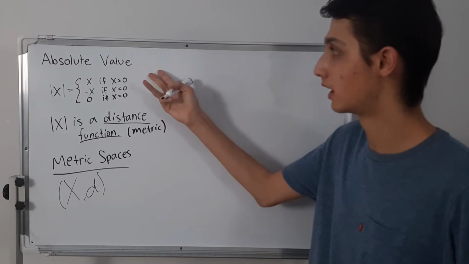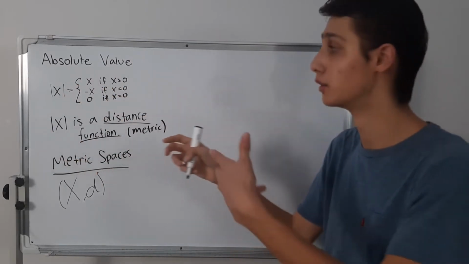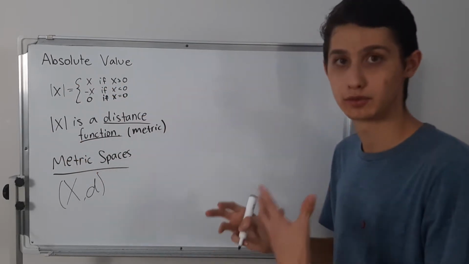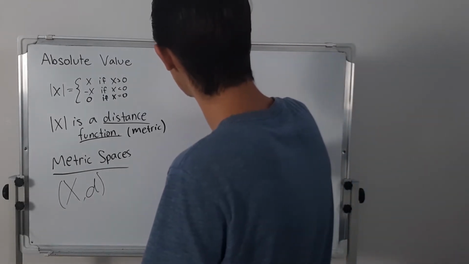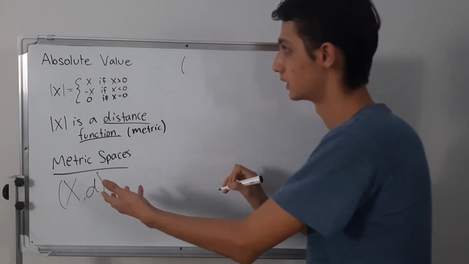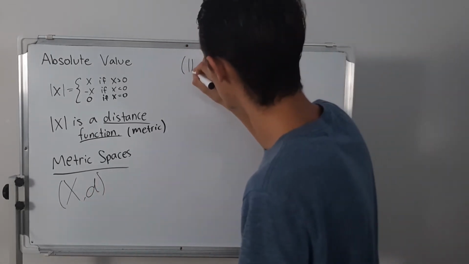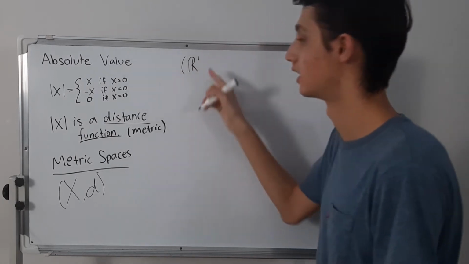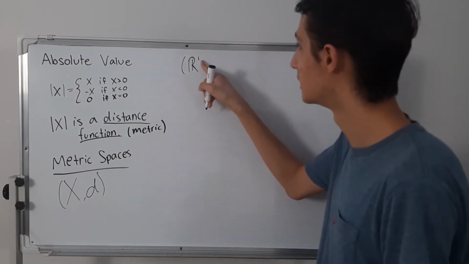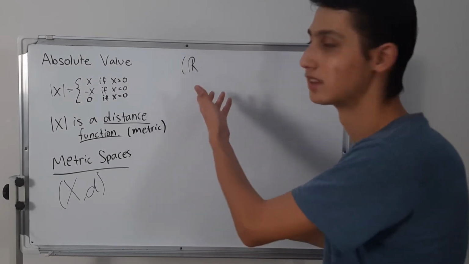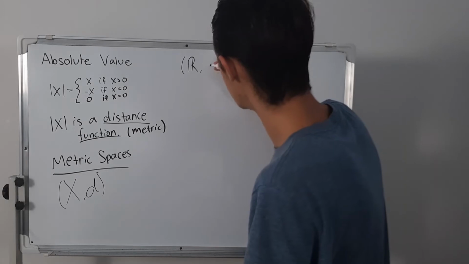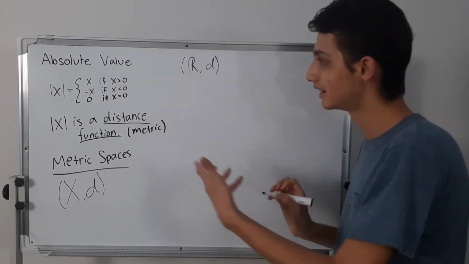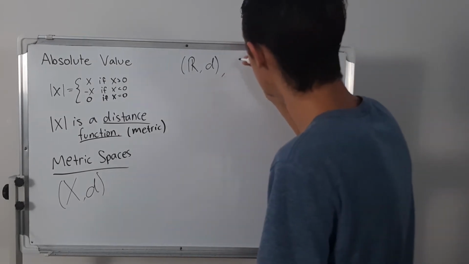So absolute value is the metric on the real number line, okay? The one-dimensional real number line. We'll talk about multiple dimensions in a second, but for our real line, we have R, and you can put an R^1 for one dimension, but really if people see this, they typically know it's just the one-dimensional real line, or Euclidean line, whatever, with its distance function.